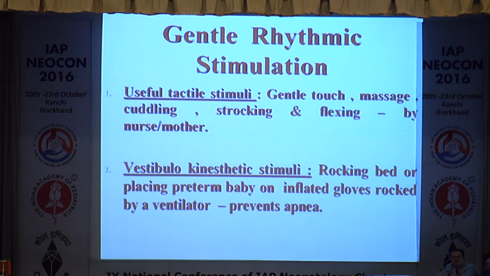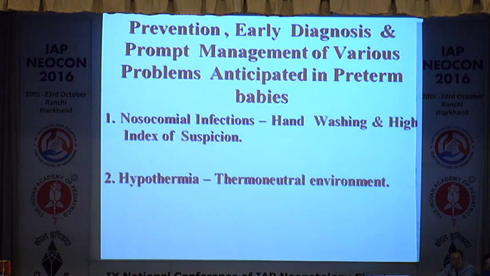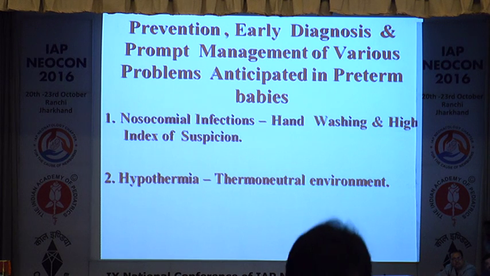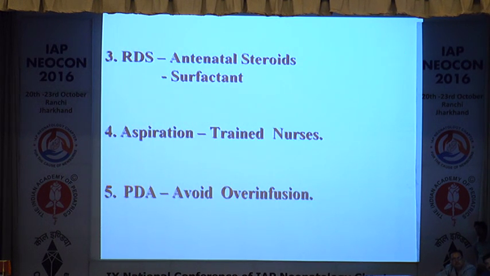Okay, sir. So useful tactile stimulation, vestibular, kinesthetic stimuli, soothing auditory stimuli, and visual inputs all have a good effect on the growth of the babies. There are certain things which can be prevented in prematures: nosocomial infection by hand washing and a high index of suspicion, hypothermia by a thermoneutral environment, RDS by antenatal steroid and surfactant, aspiration by trained nurses.